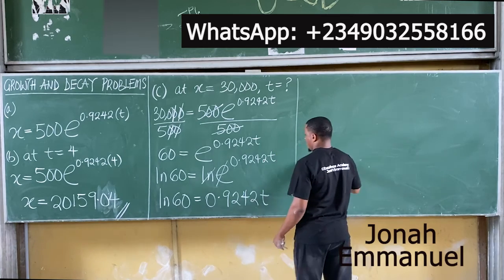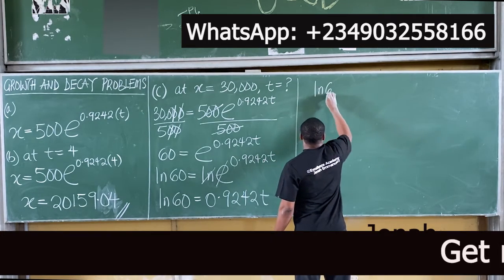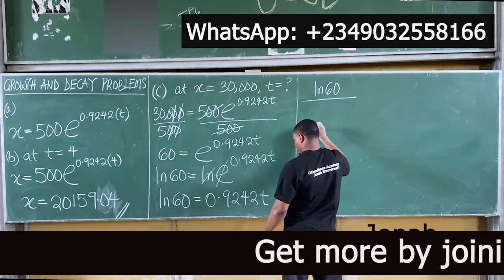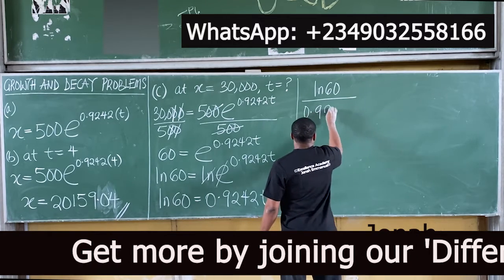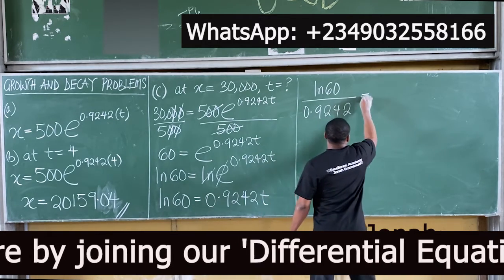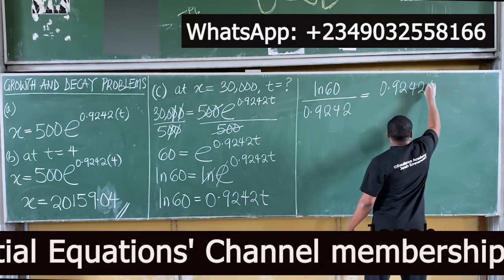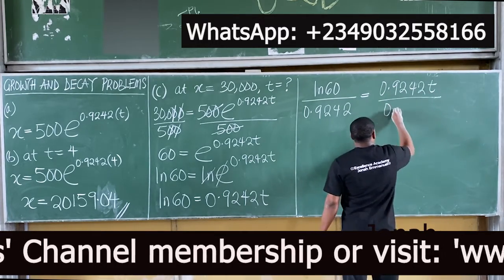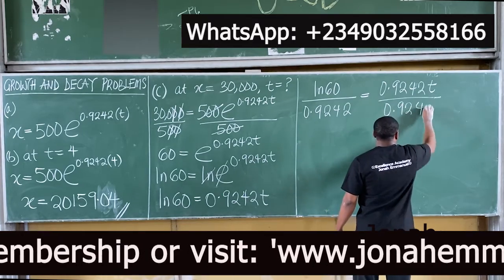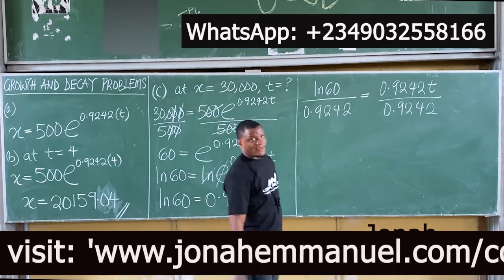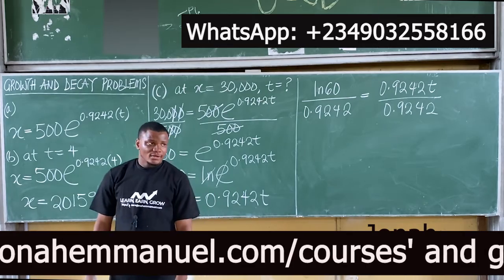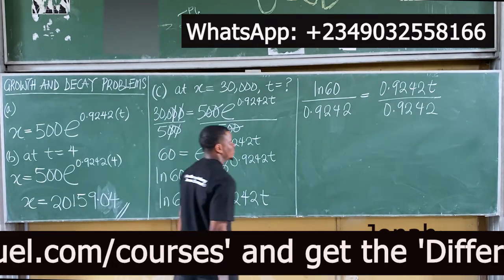All right, from here, ln 60 all over 0.9242 is equal to 0.9242 times t all over 0.9242. All right, so basically the concept is just divide both sides by the coefficient of t.